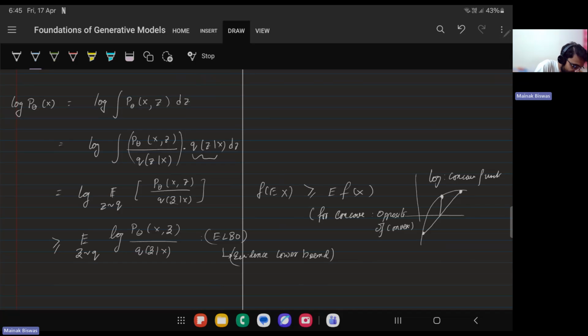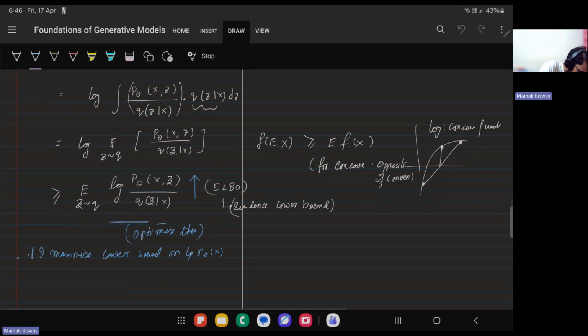It helps because I can optimize this. If I maximize this lower bound on log P theta of X, I am guaranteed to get better fits. That is what is guaranteed to me.